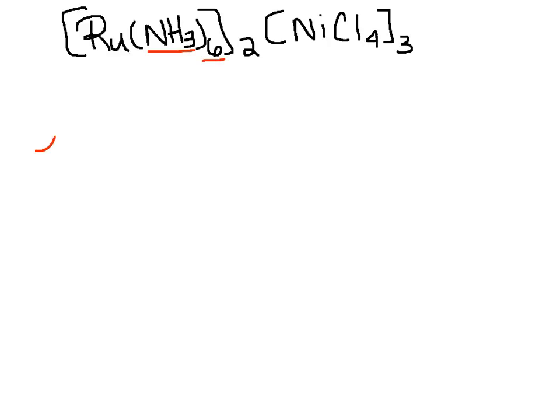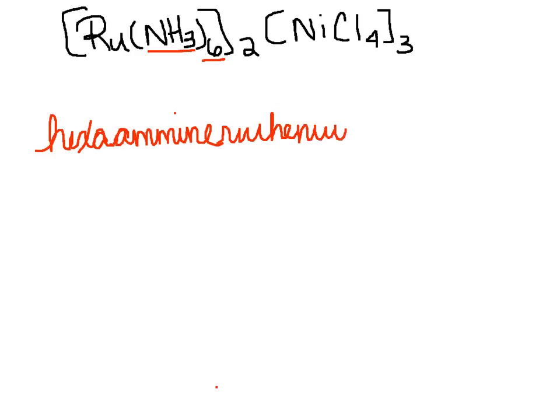So the prefix meaning 6 is hexa, and the ligand name for ammonia is amine. So we have hexaamine, and then we need to name the metal. The metal is ruthenium, so hexaamine ruthenium.